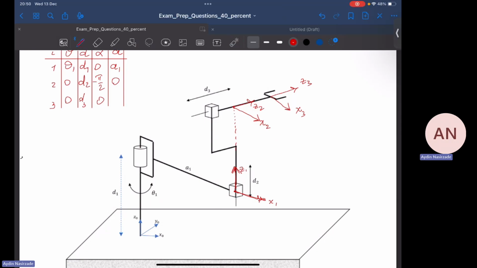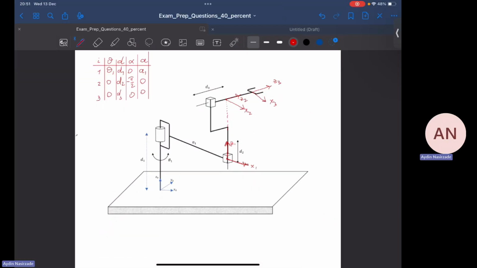Next, for A3, along X3, how much do I have to translate the origin of frame 2 so that it can be aligned with the origin of frame 3? Both of these points are the 0th point of axis X3, so they're aligned all the time. There is no need for any translation.